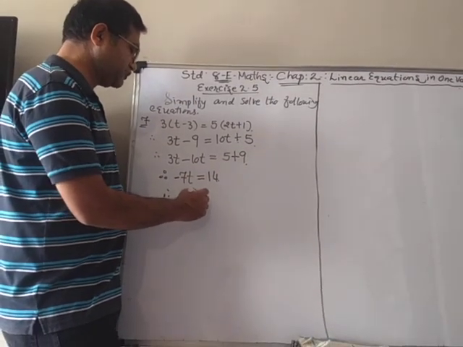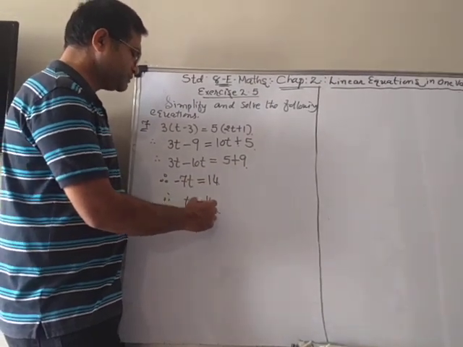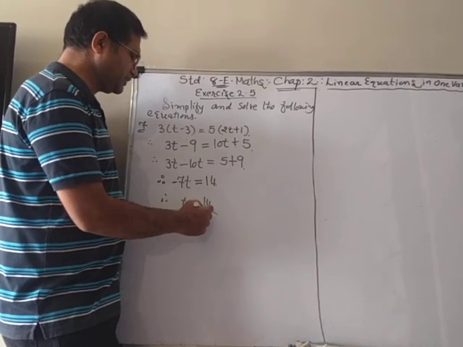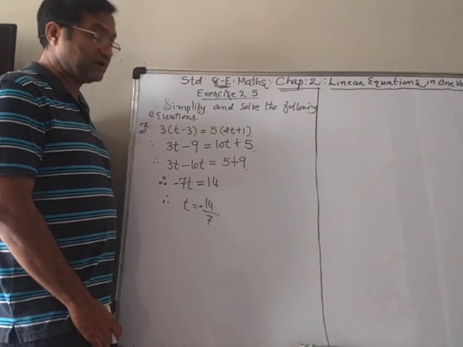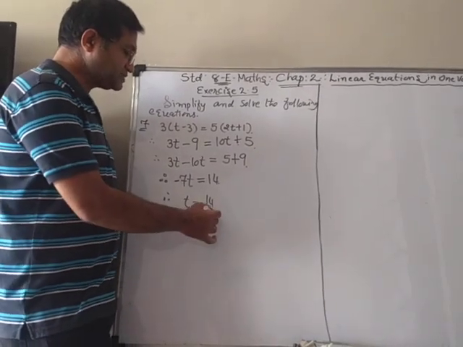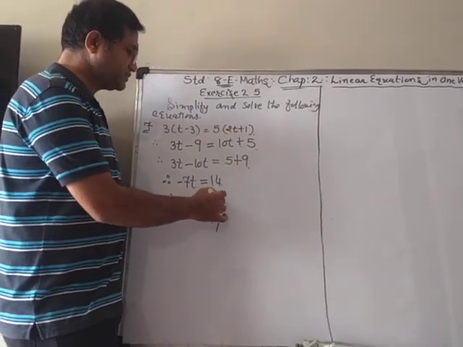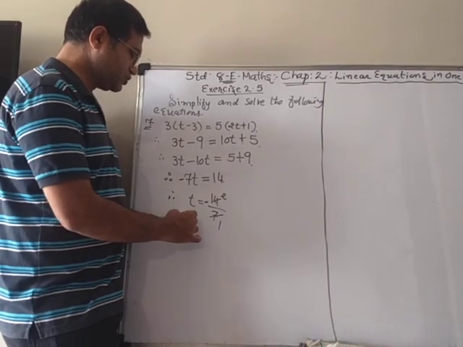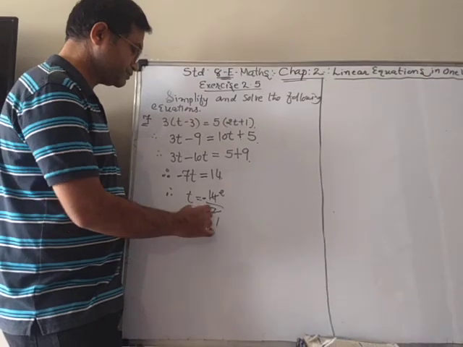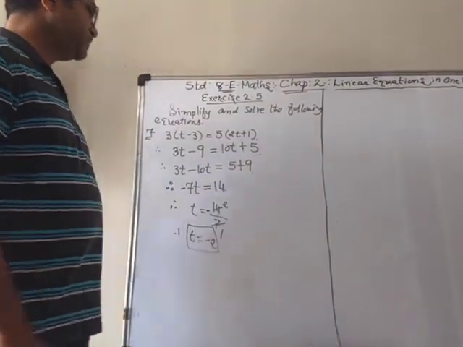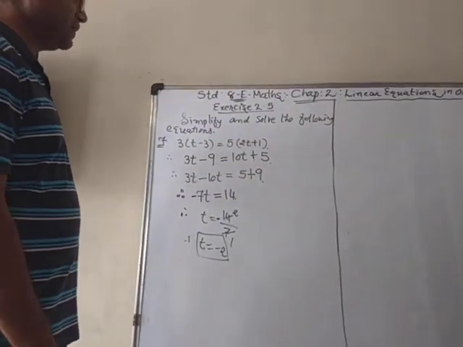Therefore t is equal to 14 upon minus 7, and you can put the minus either side, numerator or denominator or in the middle, it doesn't make a difference. So now 7 ones are 7, 7 twos are 14. So you get t is equal to negative 2. So your answer is t is equal to minus 2.